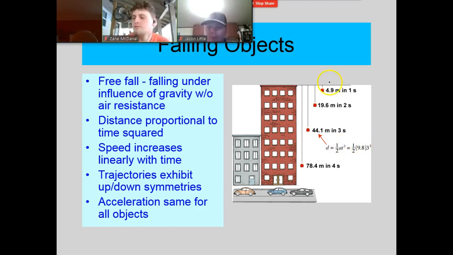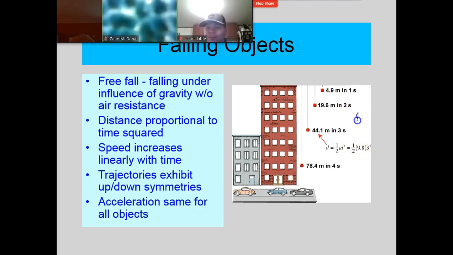The acceleration here, free fall, and this is in SI units, metric, is 9.8 meters per second squared. That is the acceleration due to gravity. They haven't given it to us yet, but it will be. That's where that comes from. So your acceleration is 9.8 meters per second squared.